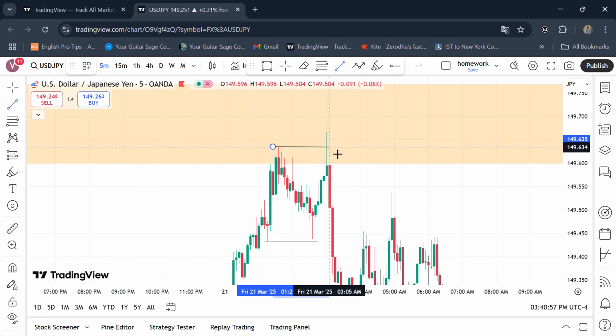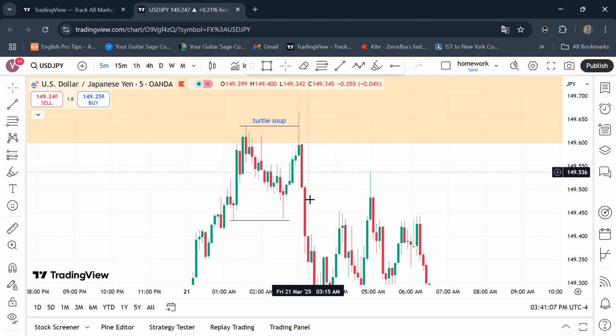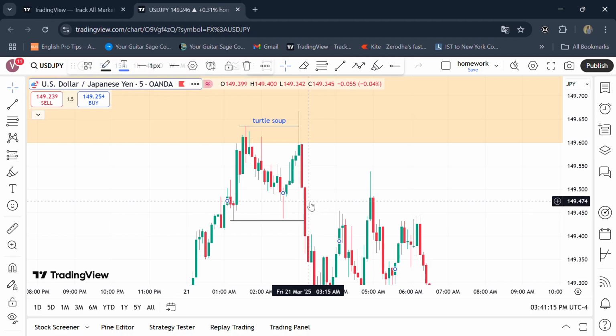That's exactly what happened. I waited for this turtle soup and then it broke this swing low.